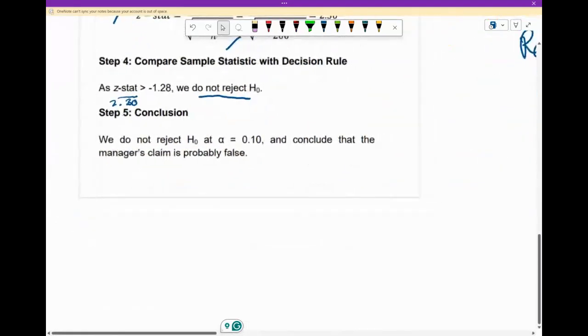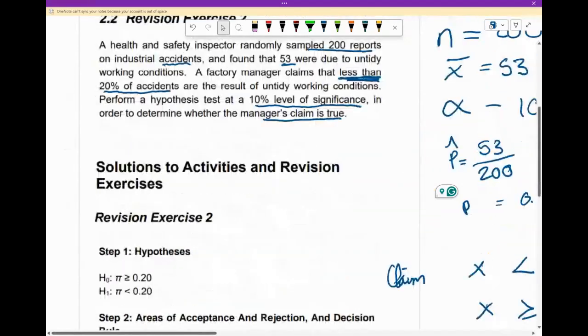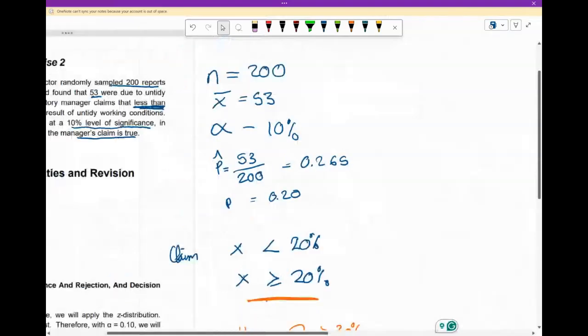I'm looking at the time. I see we are actually over. So we won't even get a chance to discuss revision exercise 3. They only had 3 revision exercises. So again, your work is interpreting what the assumptions are, then which one is H0 and which one is H1.